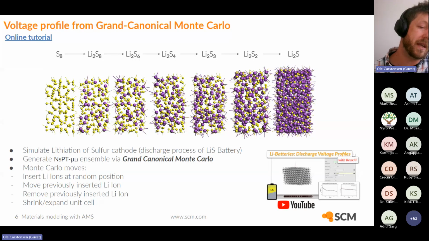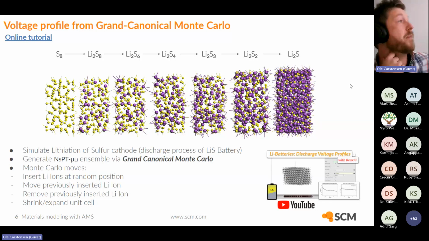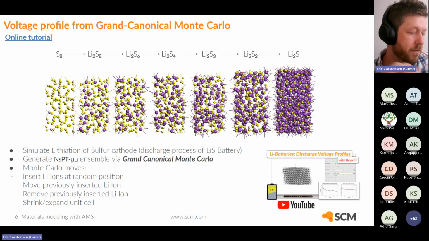The ensemble we want to generate has a constant number of sulfur atoms, constant pressure, constant temperature, and constant chemical potential of the lithium atoms. We can calculate the lithium chemical potential by optimizing the structure of bulk lithium and taking the energy needed to remove one lithium atom from the bulk lithium structure. That is what we take as the chemical potential of lithium in this simulation.